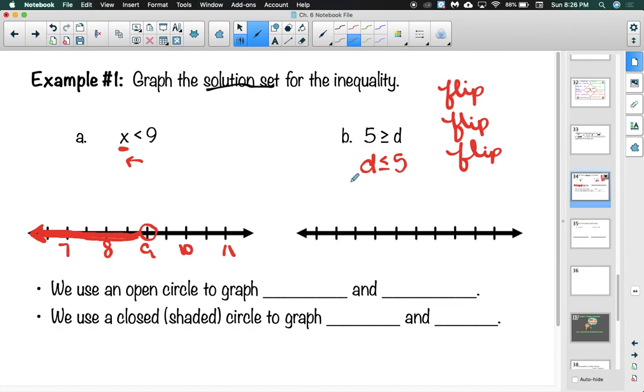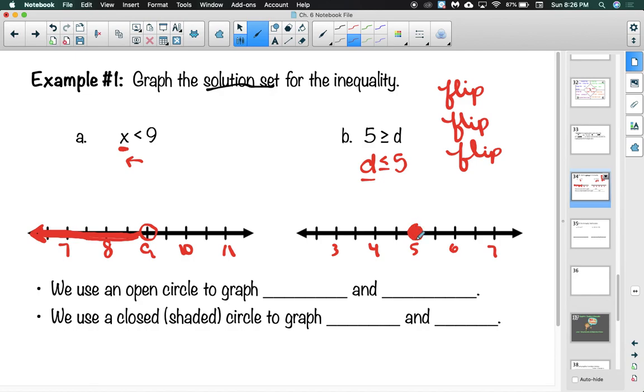But now that we've done that, this becomes a lot easier to graph because our variable's on the left and that's what we want. So I need the number 5 on this number line. I'm going to do 3, 4, 5, 6, and 7. Notice again, I skipped a line in between. That's perfectly fine. I'm going to come to my 5 here. I'm going to put my circle on, and this time I'm going to shade my circle in.